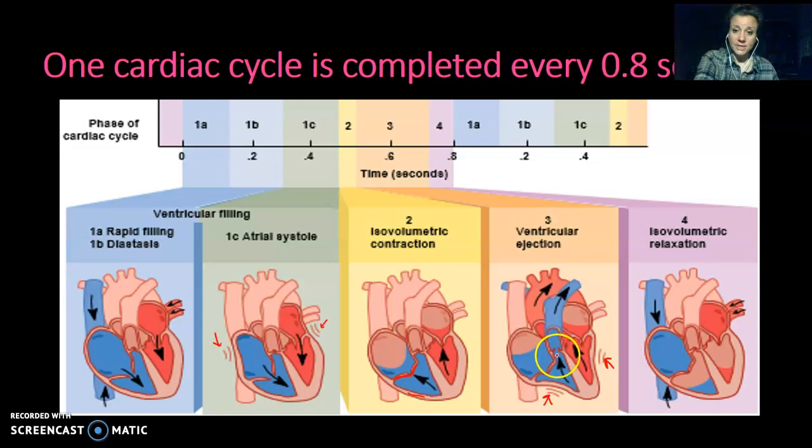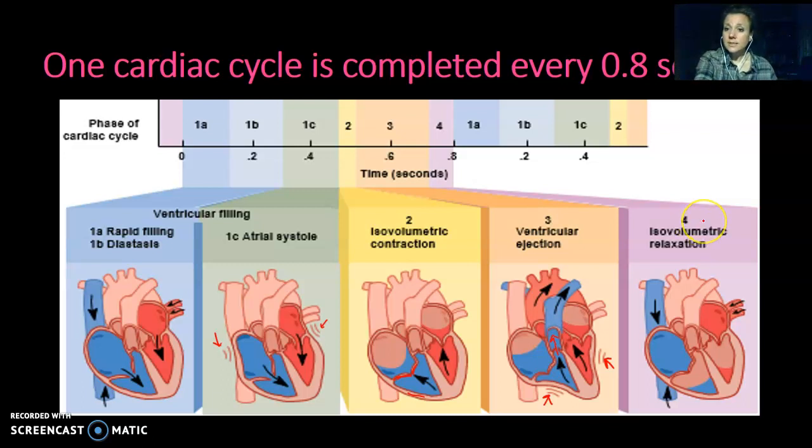So the blood is now going to go through our pulmonary semilunar valve and then into the pulmonary trunk, into the pulmonary arteries, and then out to the lungs. And it's going to push through our aortic semilunar valve, and the blood is going to go through the aorta and then out to the body.